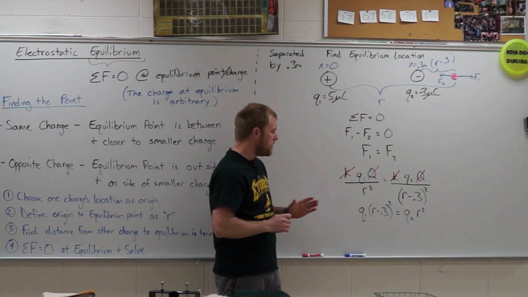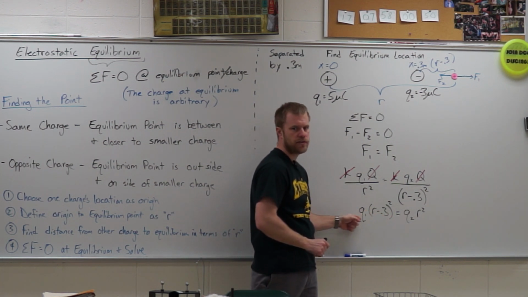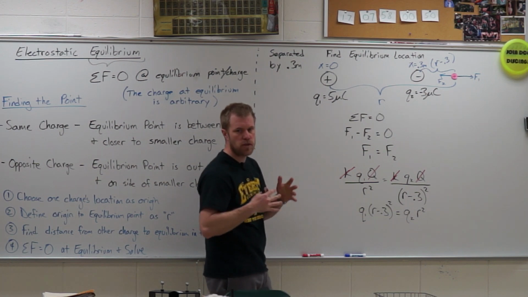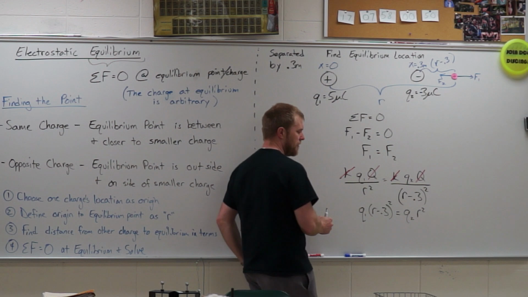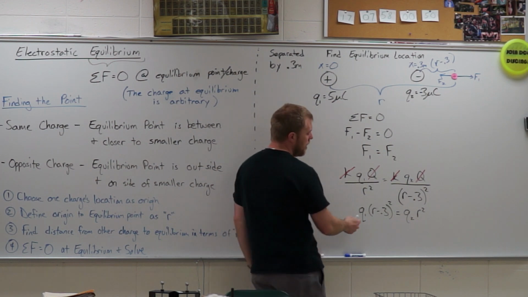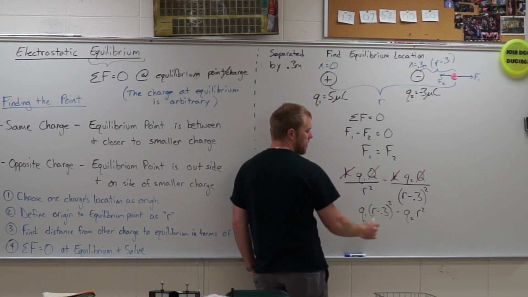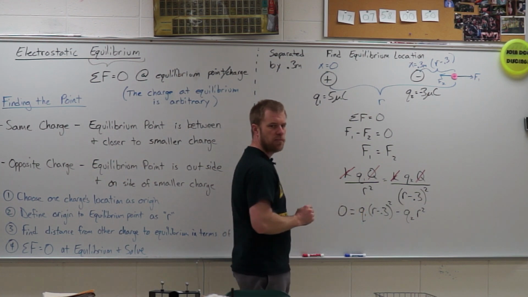And so if you want, you can go ahead, FOIL this, distribute, get everything into a nice polynomial, use the quadratic equation. If you have the graphing calculator that's color, you can just plug this equation into your solver. If it's an older calculator, you've got to subtract that over to the other side so it's equal to 0 and plug it in your solver.